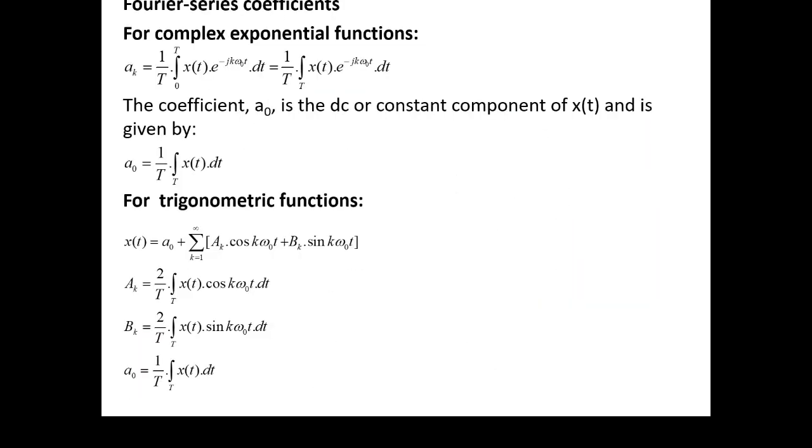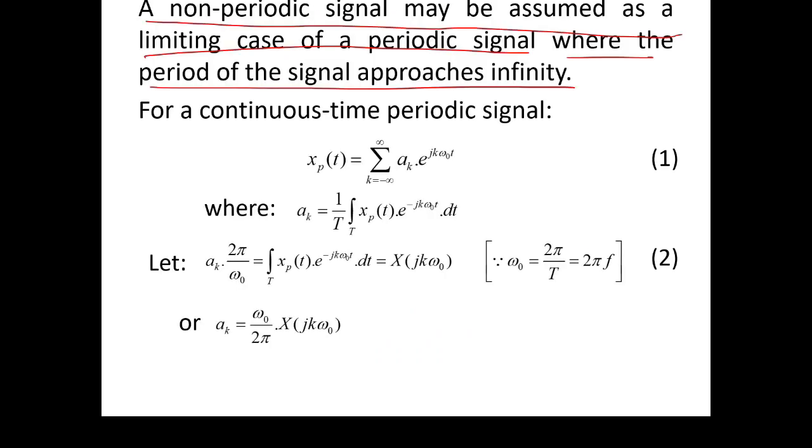Now here, any aperiodic signal is regarded as a periodic signal. And how is it regarded as periodic? We say that the signal is periodic with capital T tending to infinity. When the value of capital T is infinite, we regard even the aperiodic signal as a periodic signal.